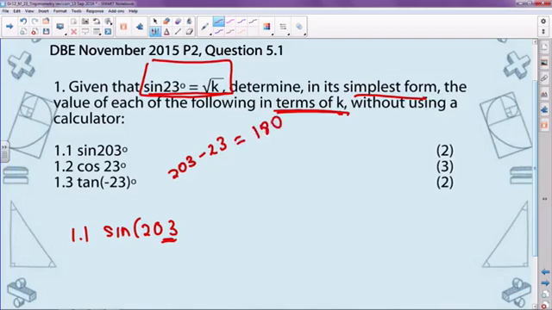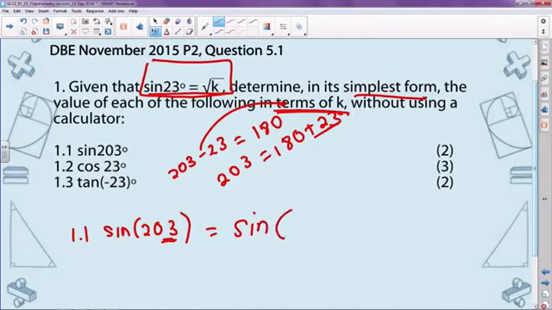So in other words, 203 degrees can be rewritten as 180 degrees plus 23. And that is very useful to me because now we've got it in a form where we can reduce it. Okay, so sine of 203 degrees, we're going to rewrite as sine of 180 degrees plus 23 degrees.